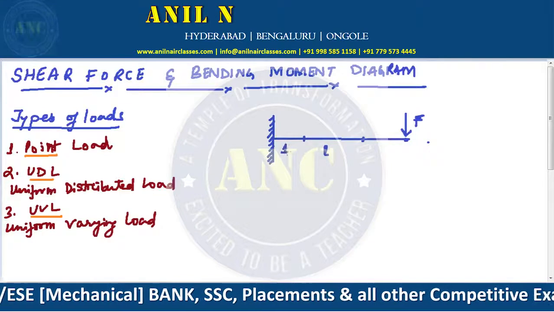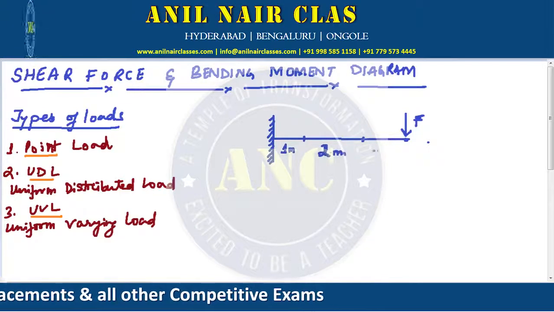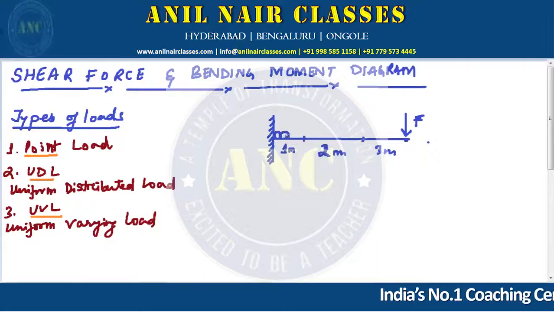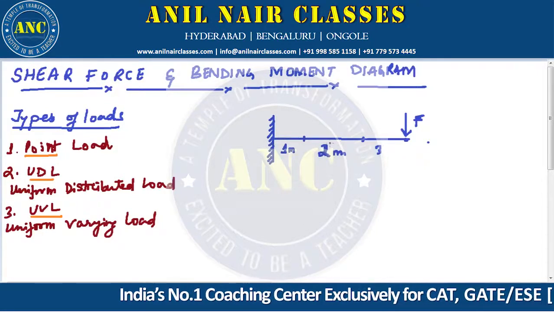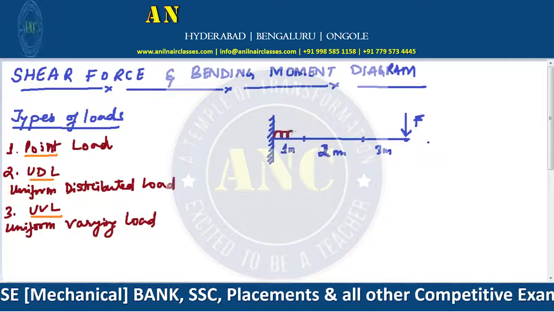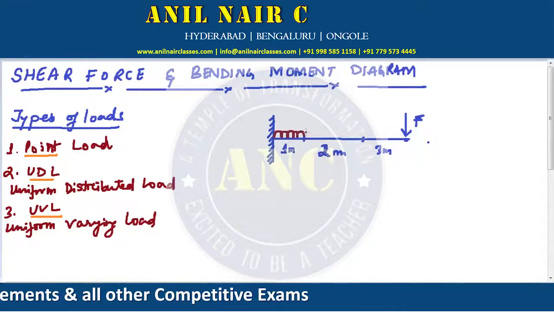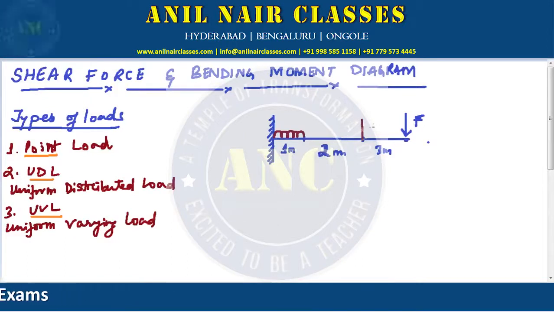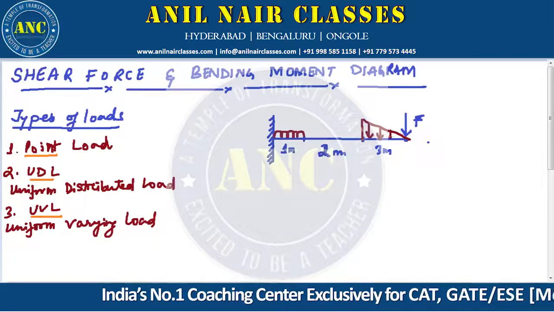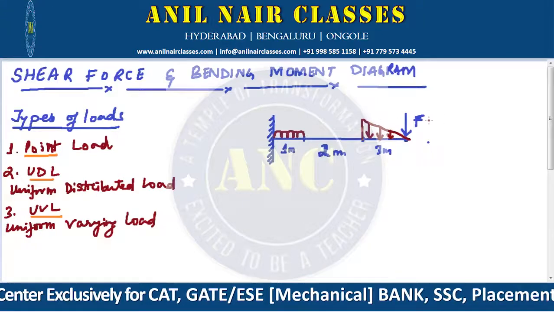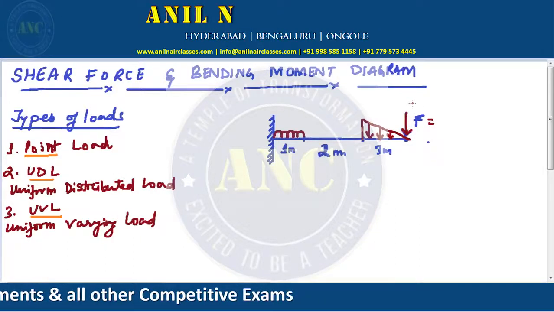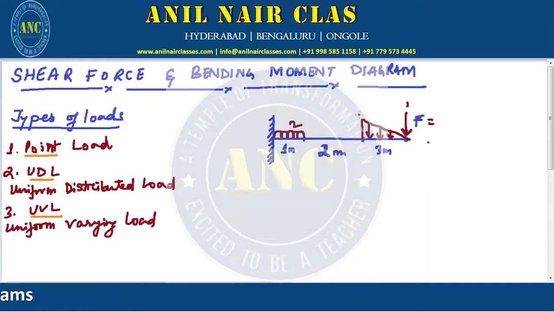Now let me divide it into the following spaces. Say this is 1 meter length, this is 2 meter length, this is 3 meter length. I'll label them 1, 2 and 3.